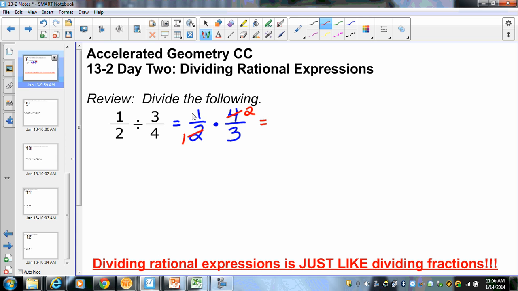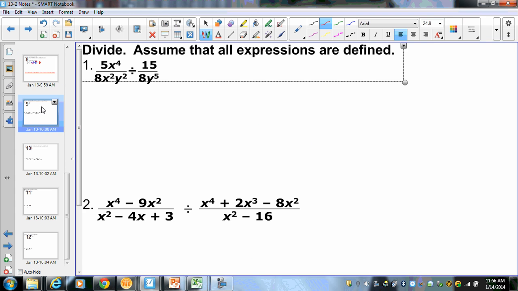And then you would multiply straight across the numerators and straight across the denominators. So 1 times 2 is 2. 1 times 3 is 3. So 1/2 divided by 3/4 is equal to 2/3. So, like I said, dividing rational expressions works the exact same way.